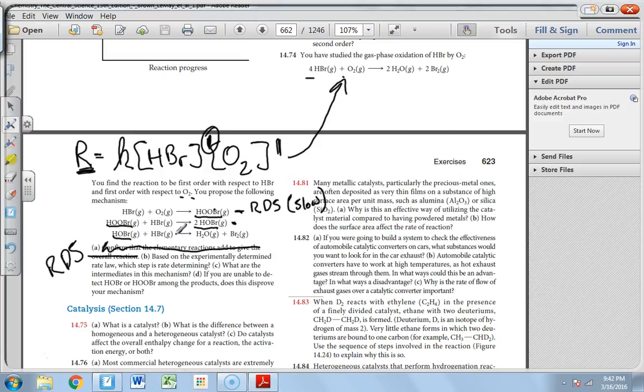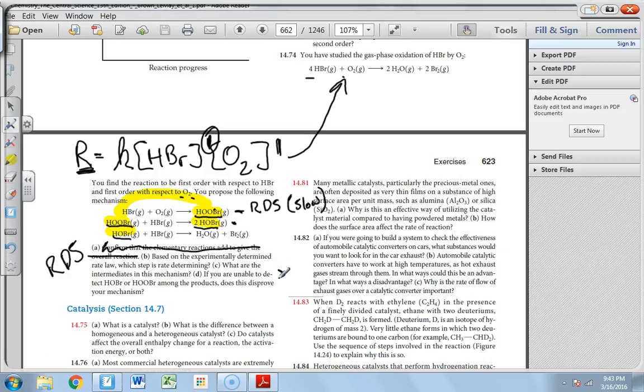So these are our two intermediates in the mechanism. They are the compounds that are made, but then subsequently they are used up. And so therefore we're not going to see them as a product.